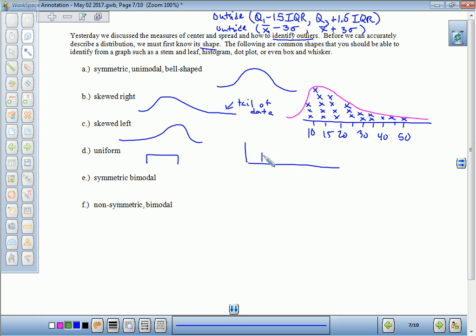Most of your data would be right about the same. I'm trying to draw straight, but I can't. So all the data looks about the same all the way across. We would call this fairly, maybe even mostly, uniform.